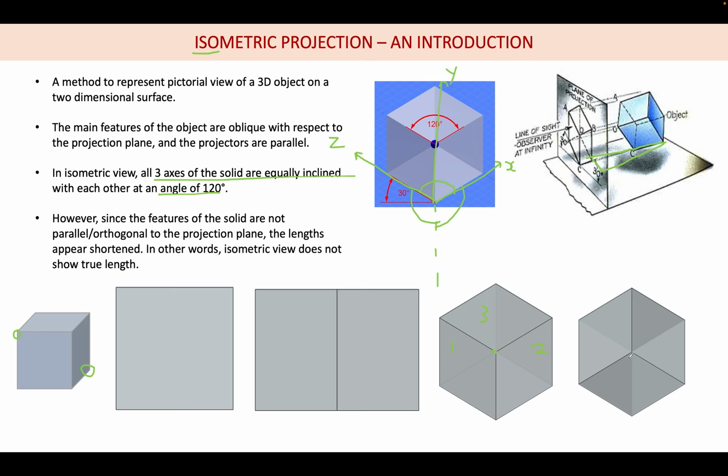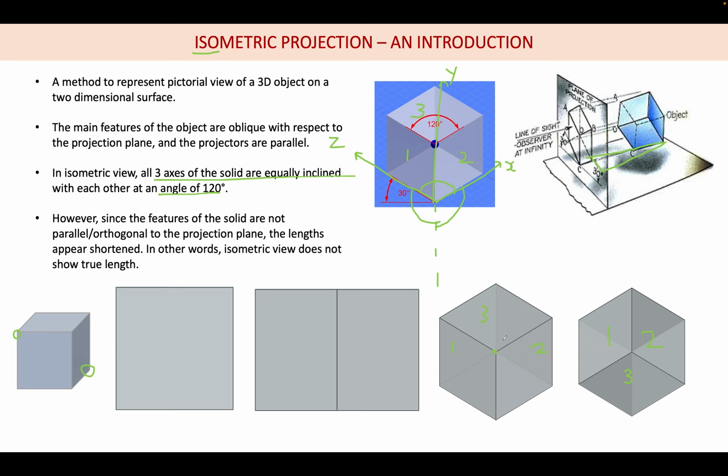Here this is your bottom face 3, this is 1 and this is 2. So either 1 to top face or 1 to bottom face. This is the isometric projection. Here this is 1, this is 2, this is 3, so it is the top face. Usually we prefer this top face orientation to the bottom face.